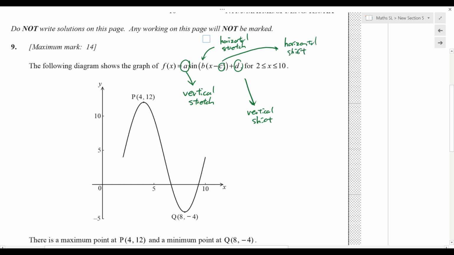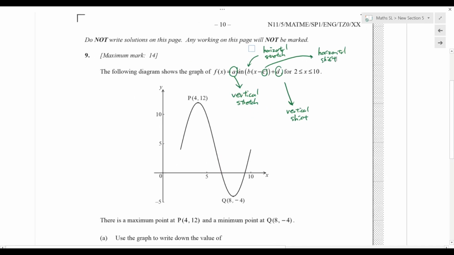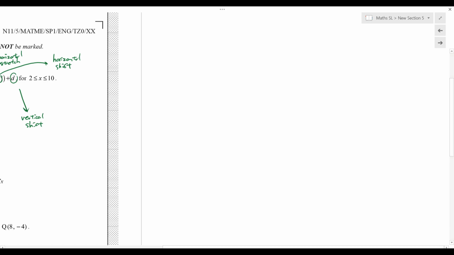Before looking at any of this, I need to give you some basic knowledge. I hope you remember how to draw a normal sine graph. This is what we call sine theta.